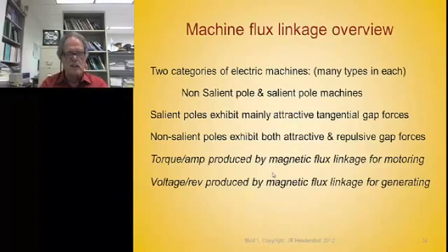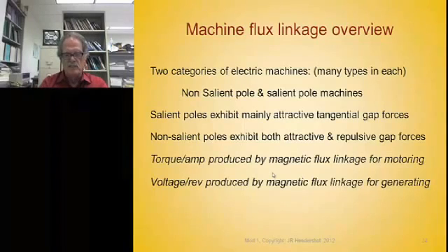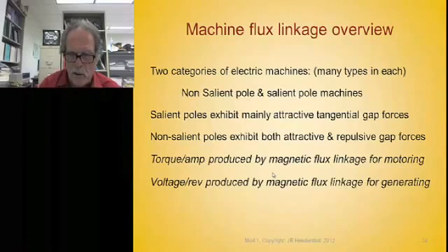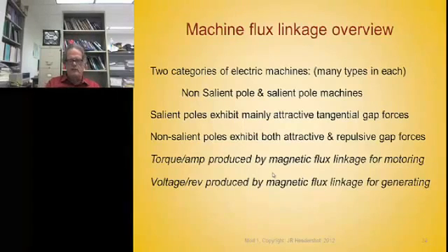Non-salient pole machines exhibit an attractive tangential gap force also, but they also produce a repulsive gap force. And this is like if you have two magnets, one in each hand. If you have a north pole in your right hand and a south pole in your left hand, and you bring those close together, if they suck together or attract to each other, that's the attractive force between two magnets.